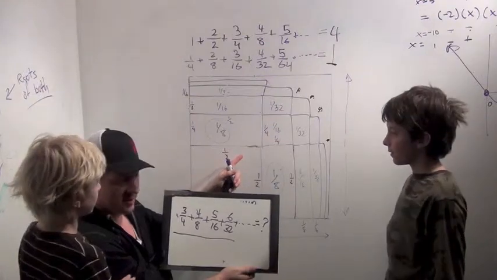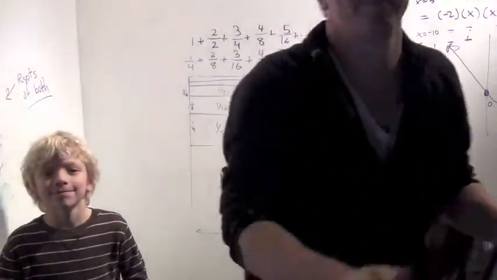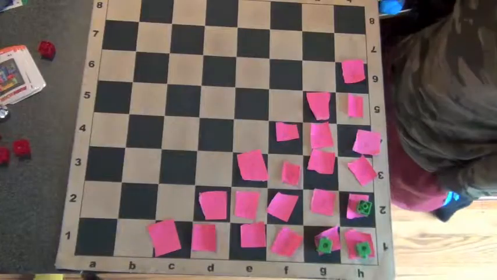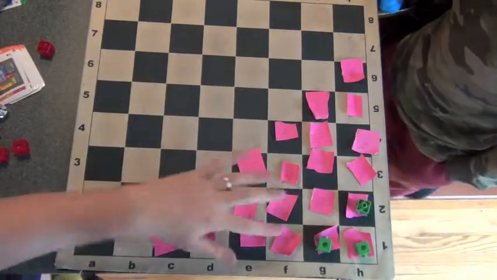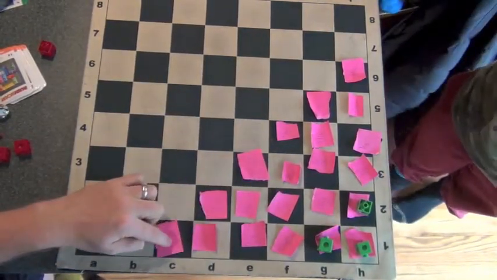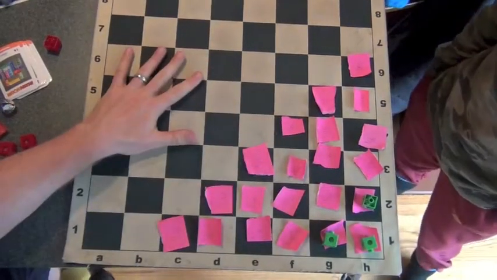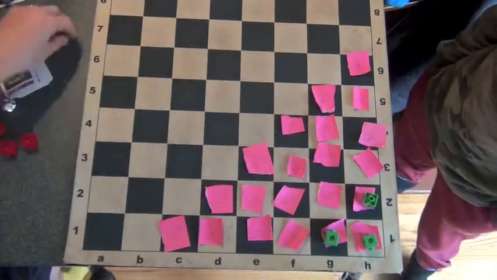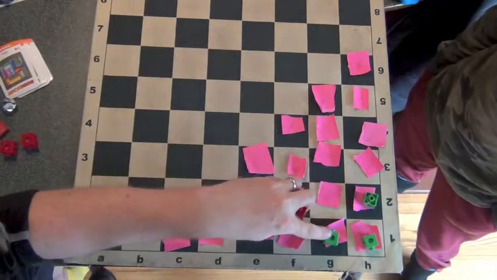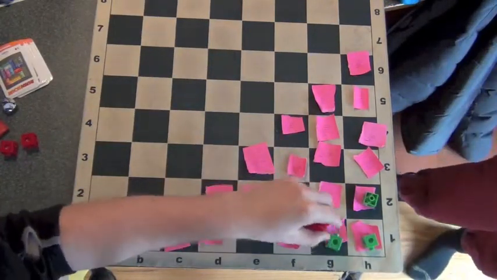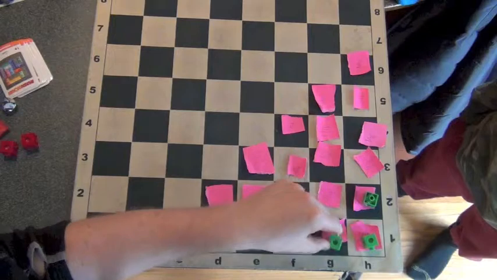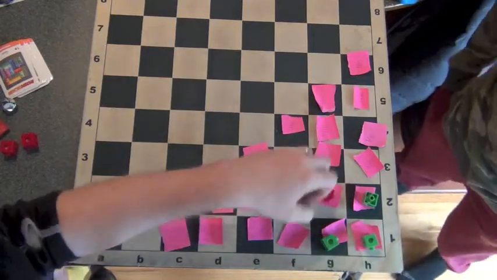Pretty cool. Okay, ready to go back to the board? Yeah. So here we are. We just found out that all of the squares outside of the prison add up to 2. Now let's see what happens when we start making moves in the prison. This one moves from a half and goes to a fourth and a fourth.